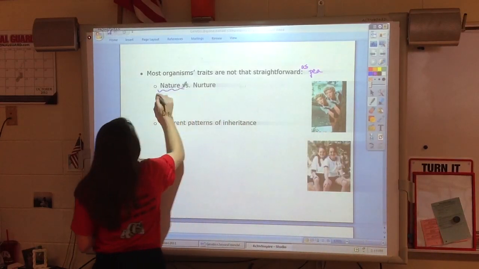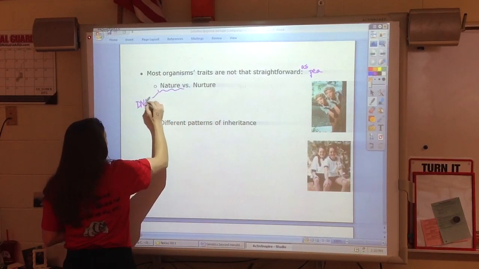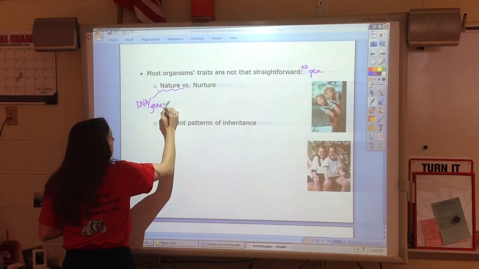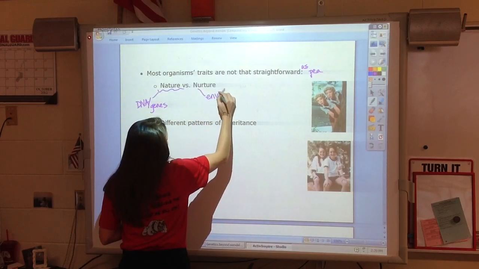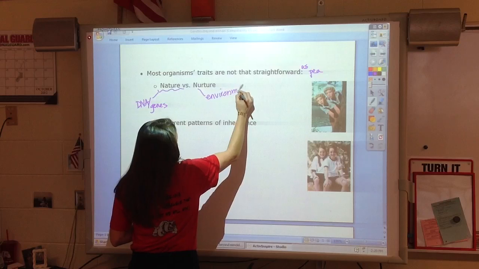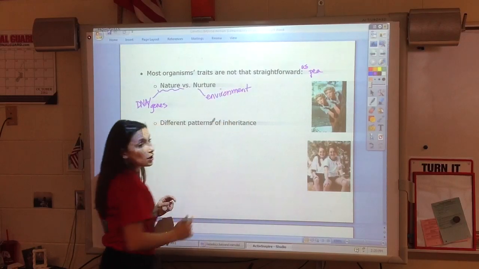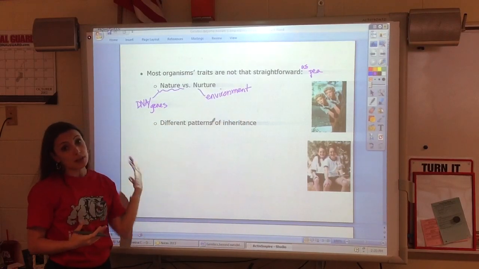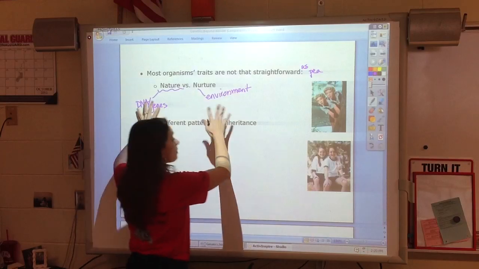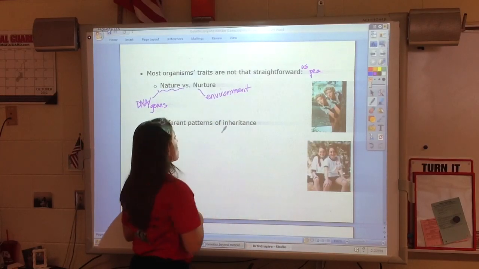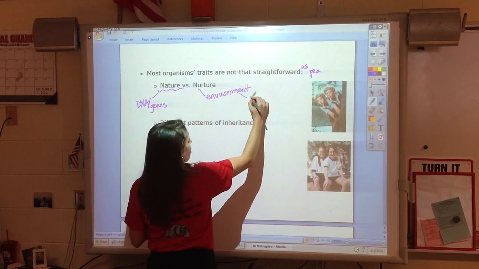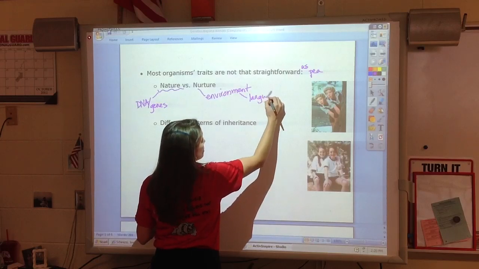So nature is your DNA, your genes, and nurture is your environment. And so it turns out that there's a couple things that come into play here. You probably remember the nature-nurture debate. We have some traits that are all environment, like the language you speak.